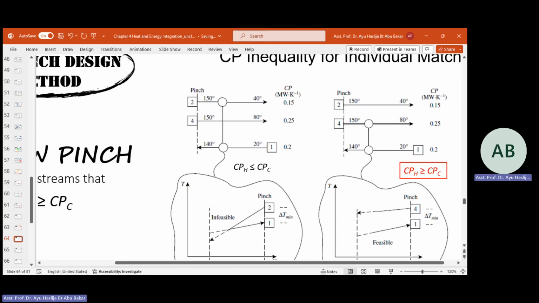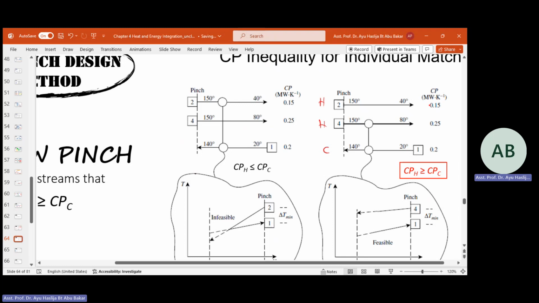Now we move to below pinch. CPH must be larger than CPC. So here is the pinch. Below pinch, we have only 3 streams: hot, hot, and cold. Hot must be larger than cold.